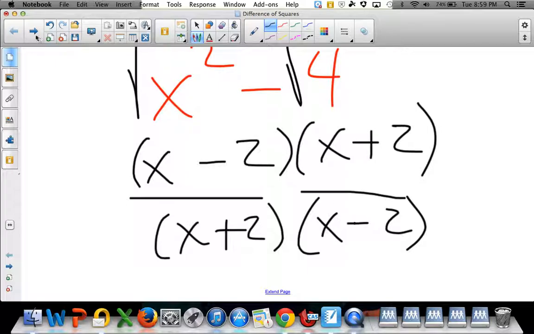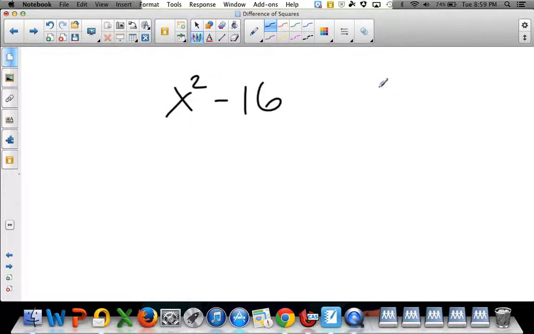Let's look at another example. Right here I have the x squared minus 16. Factoring by difference of squares, I have to make sure that I do in fact have a minus sign. But now I need to see if I can take a square root of the first and second term. I know the square root of x squared is x. Keep my minus sign.